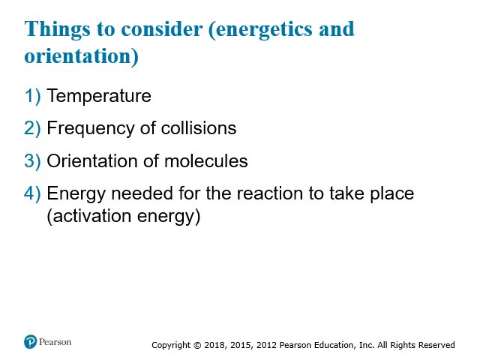Now, there are a few things that we need to consider in determining a model for whether or not a reaction will take place at an appreciable rate. Temperature is a factor. The frequency of collisions, how often molecules collide. The orientation of the molecules, in other words, if the molecules are oriented in such a fashion that will promote a reaction, and the energy needed in order for the reaction to take place, a quantity that we will ultimately call the activation energy.